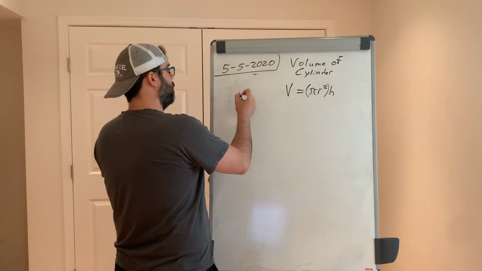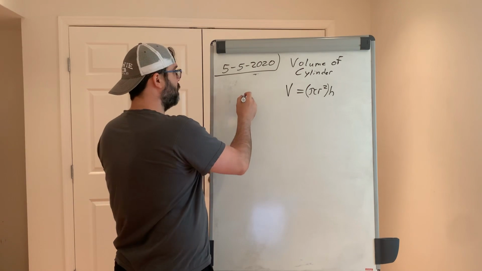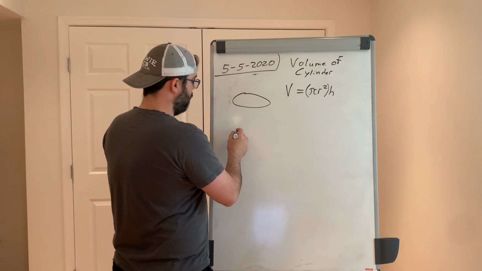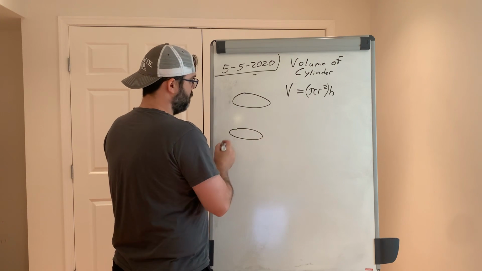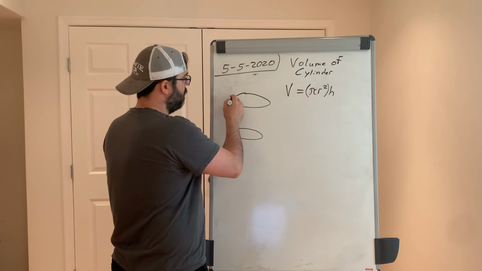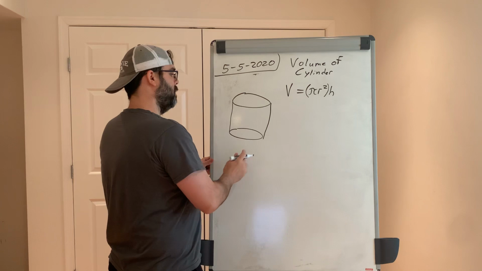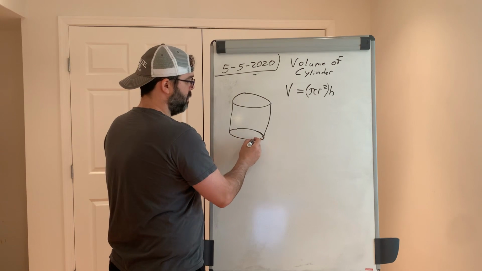So here's my cylinder. To draw a cylinder, you draw an oval, and then below it you draw an identical oval, or try to be as close as you can, and then you connect the edges. That wasn't very good.